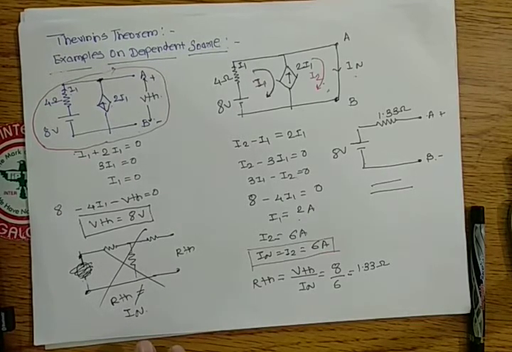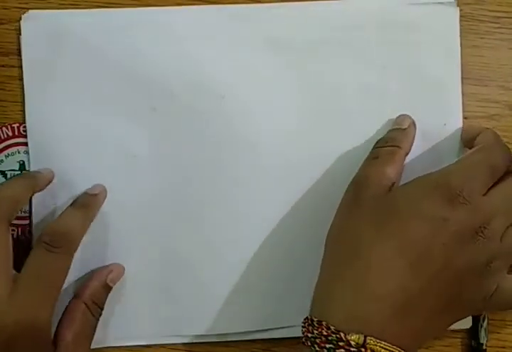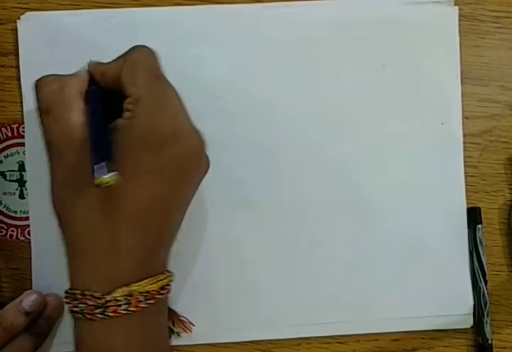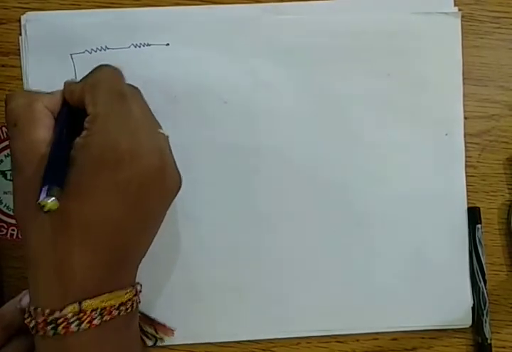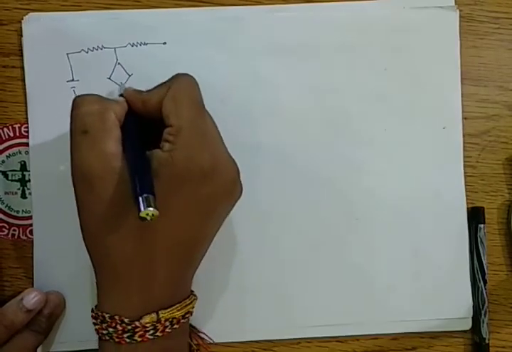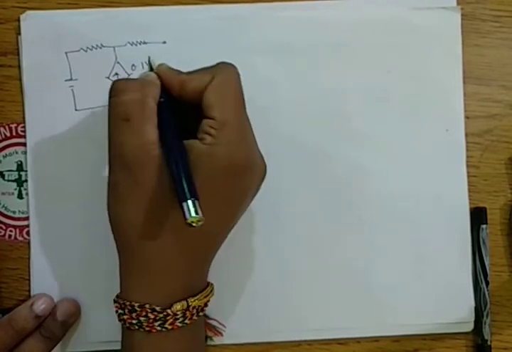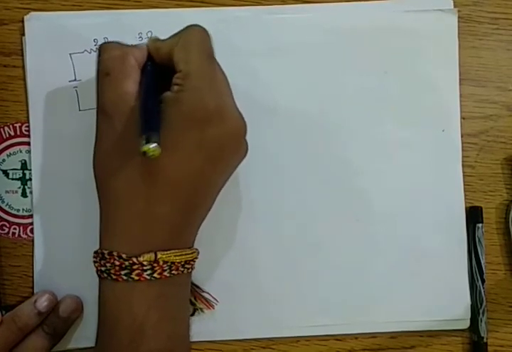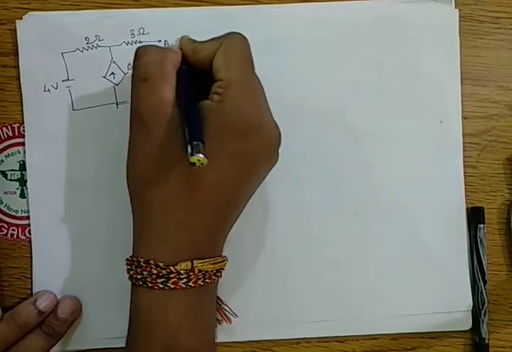Next we will take another example. I will give you homework. You have to solve this. 0.1 Vx, 2 ohm, 3 ohm, 4 volt, A, B, plus, minus.